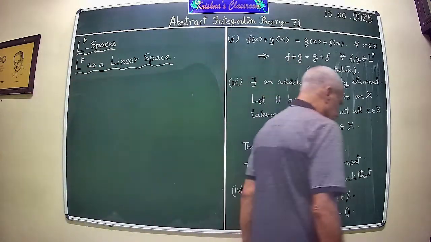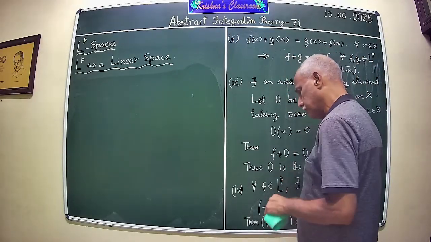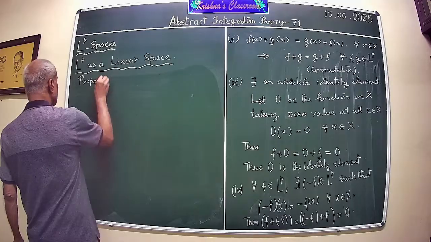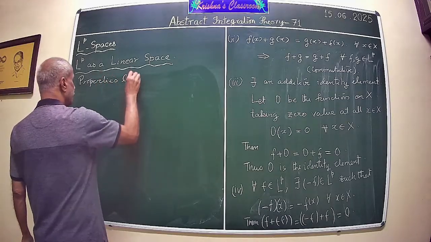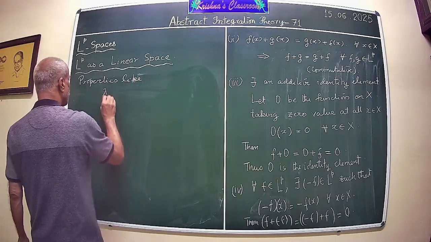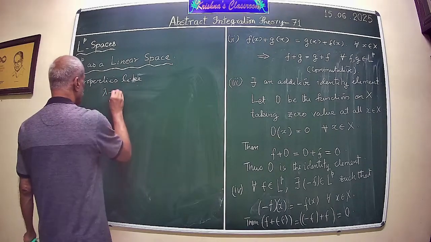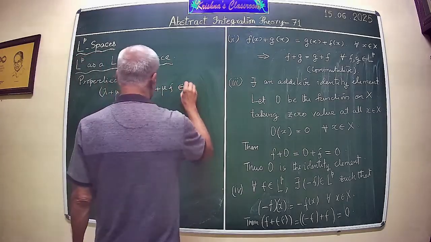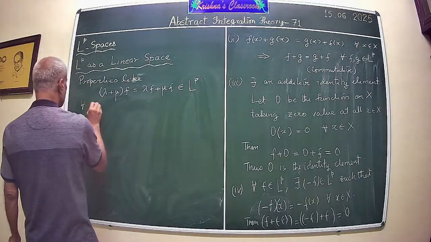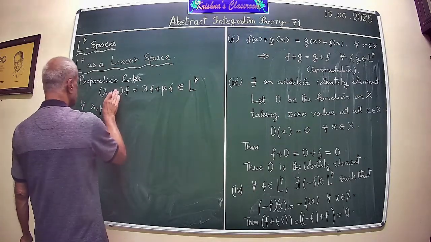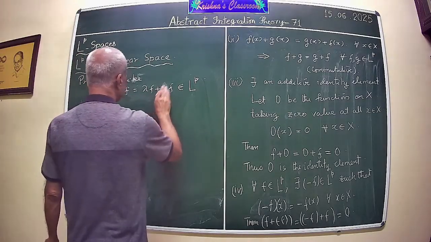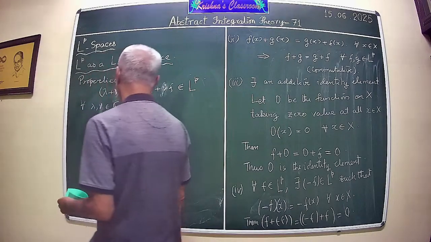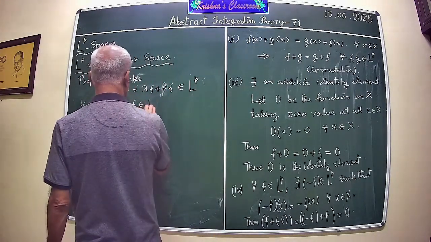Now, the other properties of a linear space are verified, namely that (lambda plus mu) f is equal to lambda f plus mu f, with lambda, mu belonging to C and f belonging to LP.